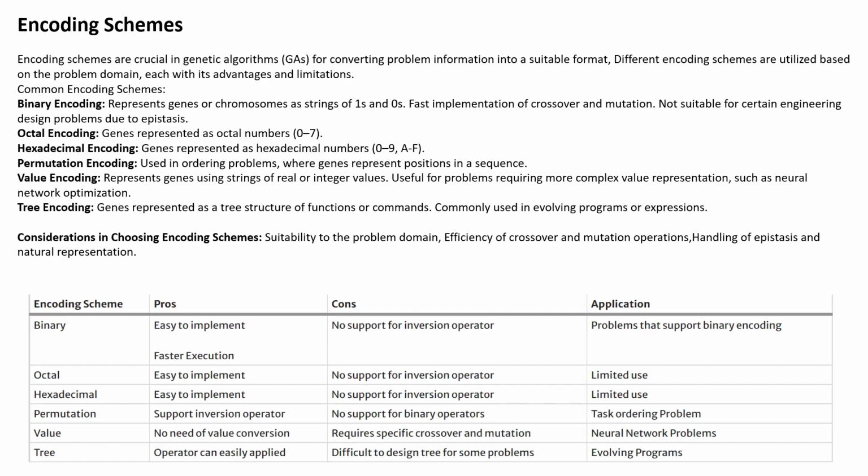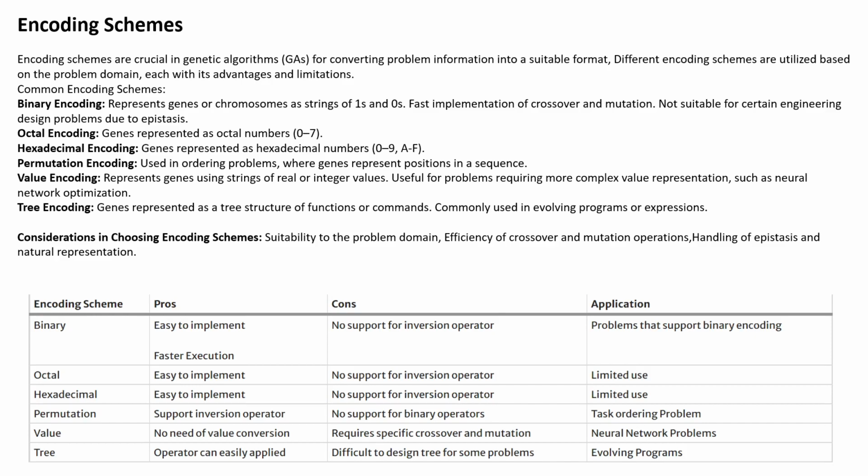There is also octal encoding, where genes can be represented as octal numbers or hexadecimal numbers, 0 to 9, A to F, or you can even have permutation encoding, basically when the gene represents positions in a sequence. Different positions and permutations will give you different solutions.